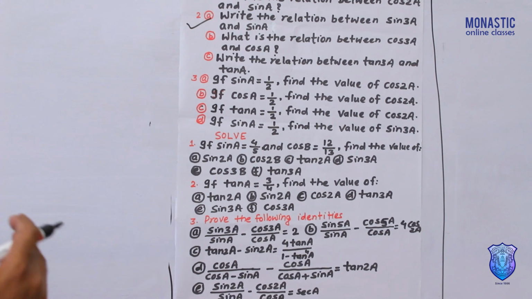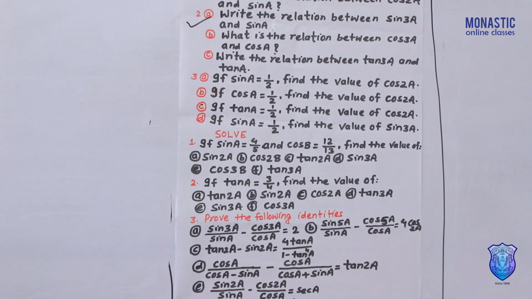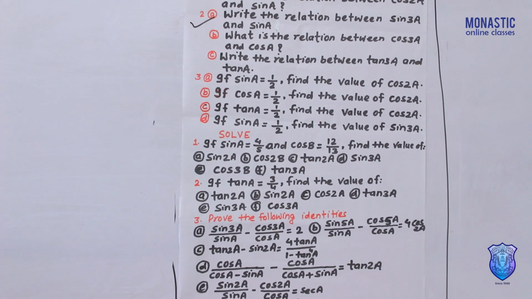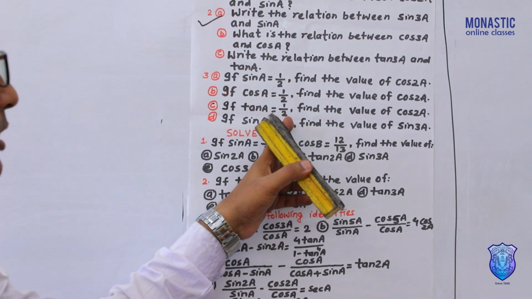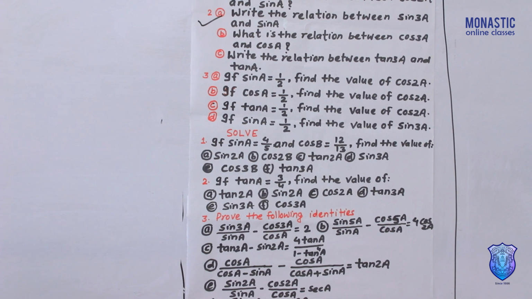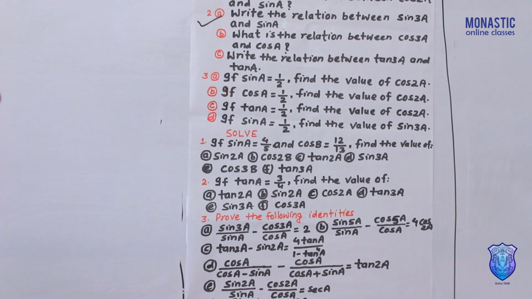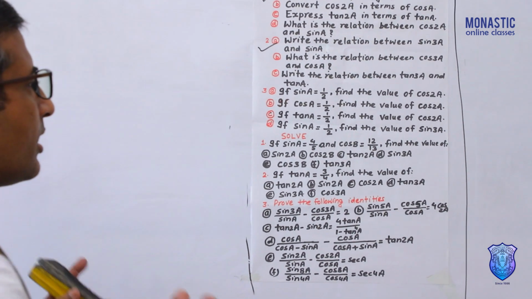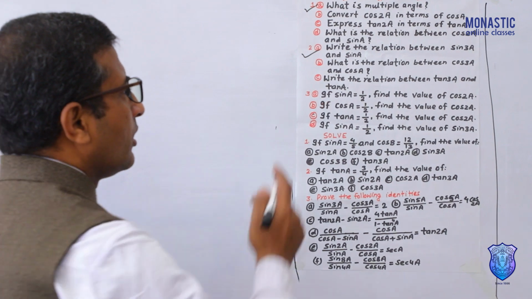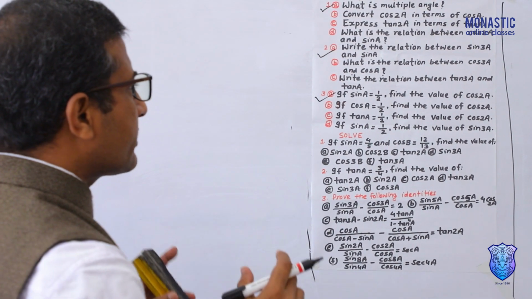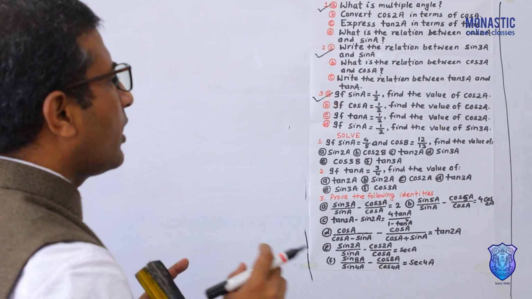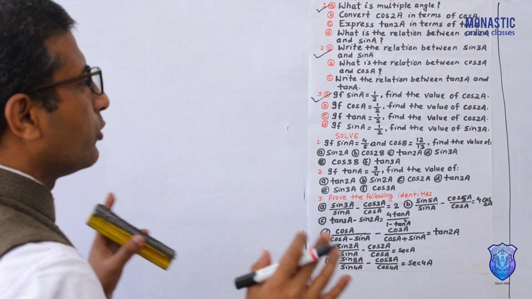Use the formula of cos 2A in tan, that is 1 minus tan square A by 1 plus tan square A. If sin A equals 1 by 2 is given and you have to find the value of sin 3A, you can use the formula of sin 3A, 3 sin A minus 4 sin cube A, and substitute the value. In all these questions of number 3, you just have to use the formula and substitute the value, and you will find the answer.